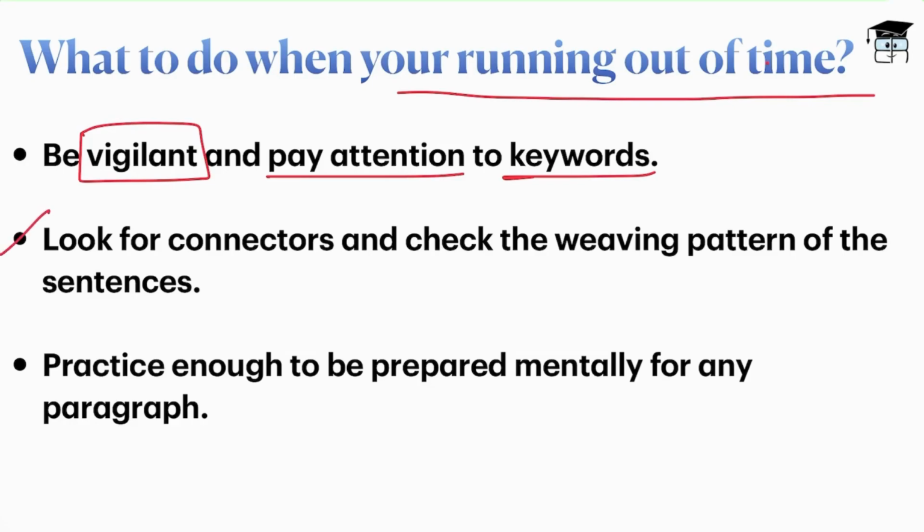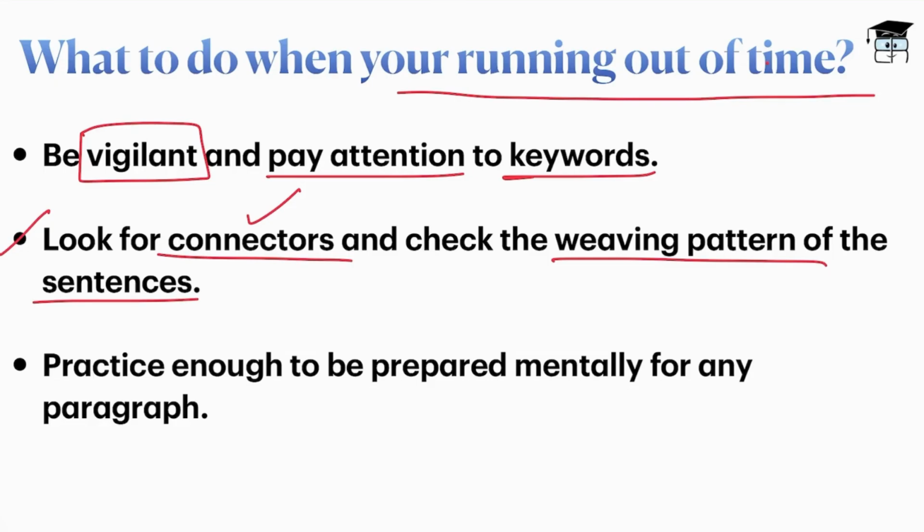Second thing to keep in mind is to look for connectors. Again, the links between two sentences that combine them together, you have to look for connectors and check the weaving pattern, as we discussed before, of the sentences. Okay.